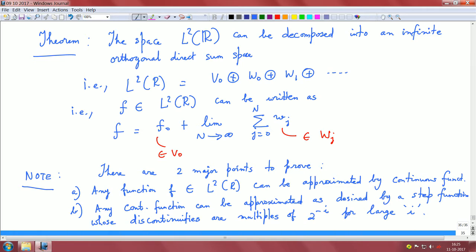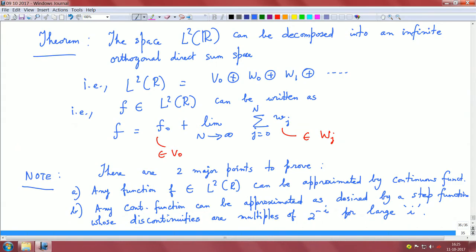So, these are the two subtle aspects, because this summation is heading towards infinity, right. First you have to establish that any function in L2 can be approximated by a continuous function, and that continuous function can be approximated as desired.